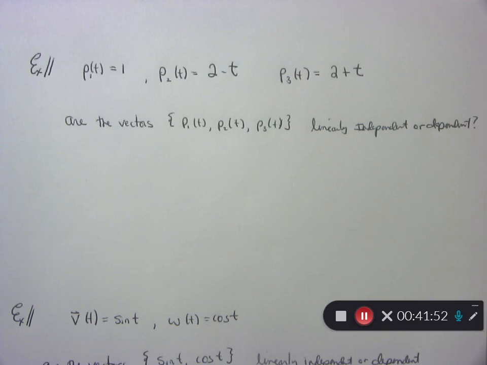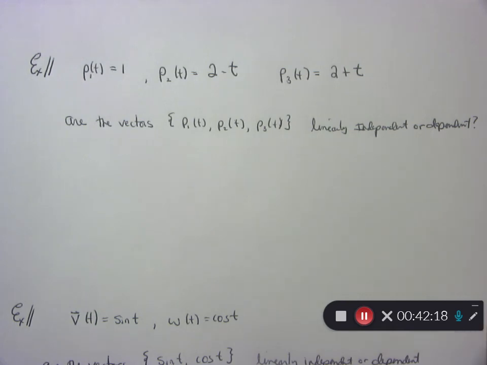Are the vectors p1 of t, p2 of t, p3 of t linearly independent or dependent? Well, these are polynomials, so this is a polynomial space, but it's still a vector space. There's a space of polynomials. Okay? So, here's the deal.